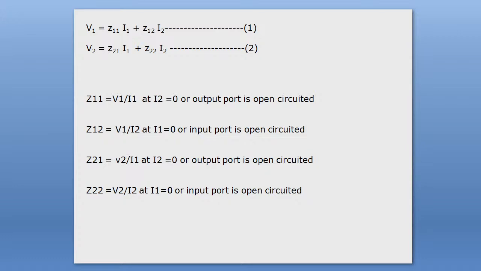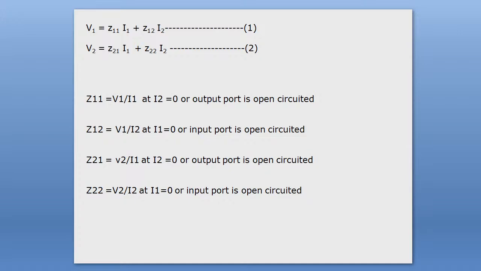I already discussed driving point impedance and transfer impedance, and we have derived the expressions for T type network and pi type network. Just remember it. For T type network, the arm impedances are ZA, ZB, ZC. In that case we have derived the driving point impedance as well as transfer impedance.